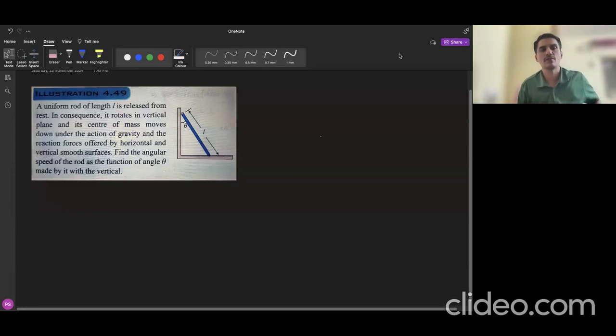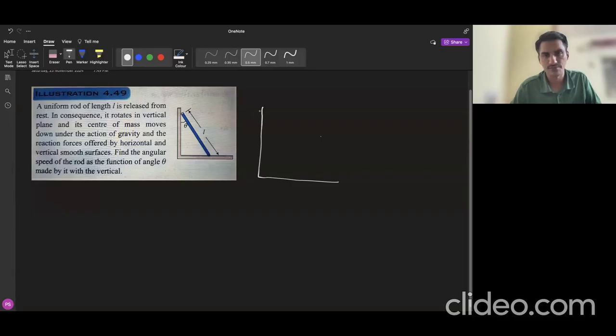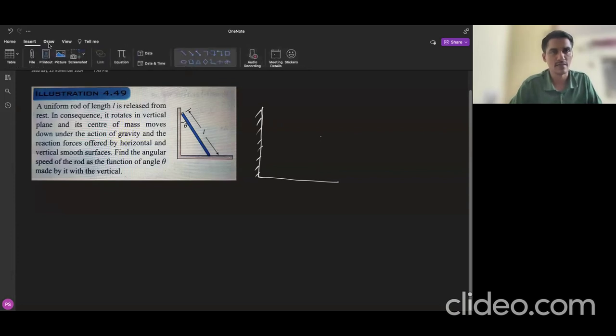Find the angular speed of the rod as a function of angle theta made by it with the vertical. So at a particular instant, it is making an angle theta. Actually, it means that it is starting from almost a vertical position, like this. Let me draw it. You'll understand.